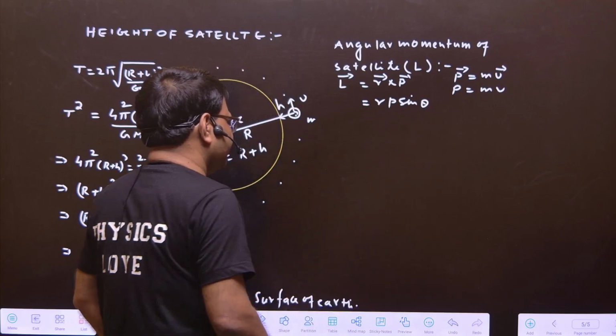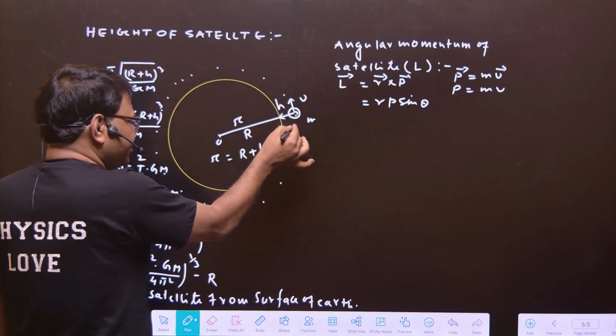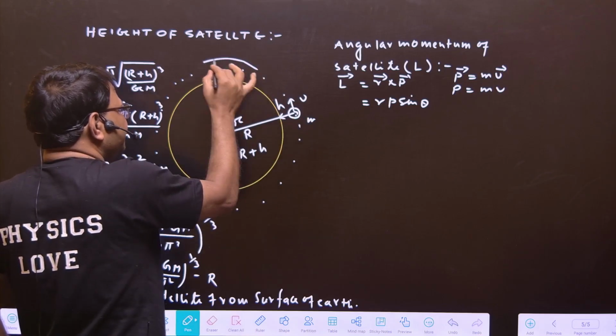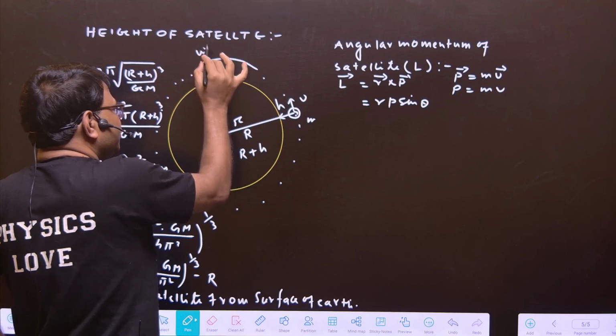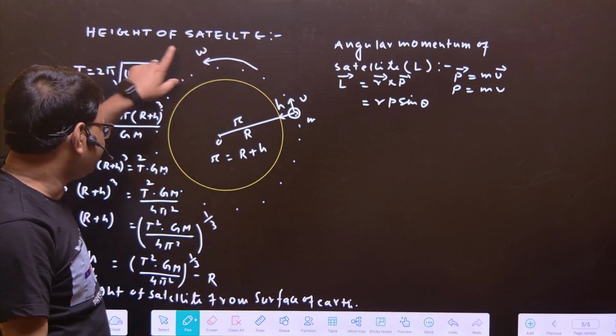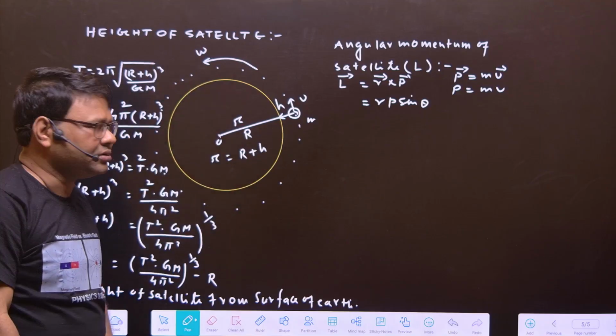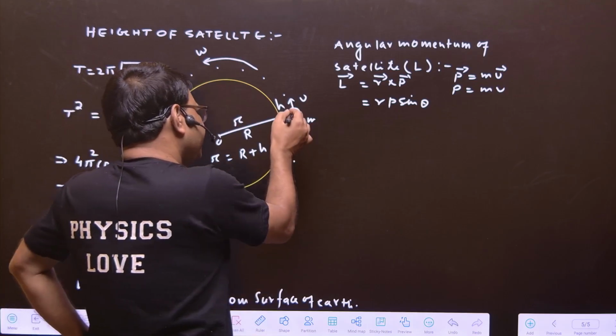Theta means 90 degree. Here see, in this orbit, the satellite is moving in this direction with angular velocity omega. In the previous topic, I have told you. The satellite is moving around the Earth like this. Am I clear? So this is the direction of the velocity.